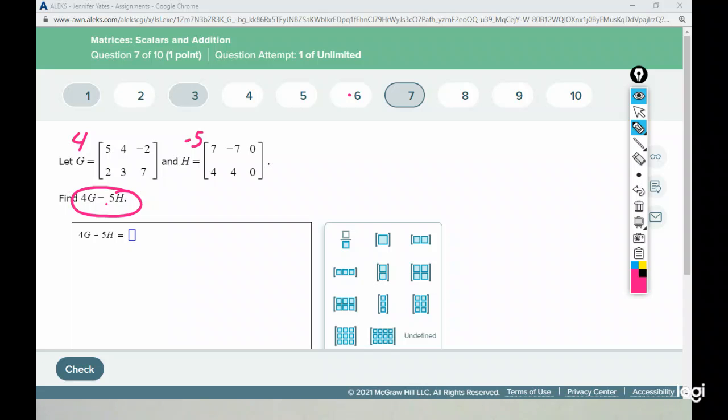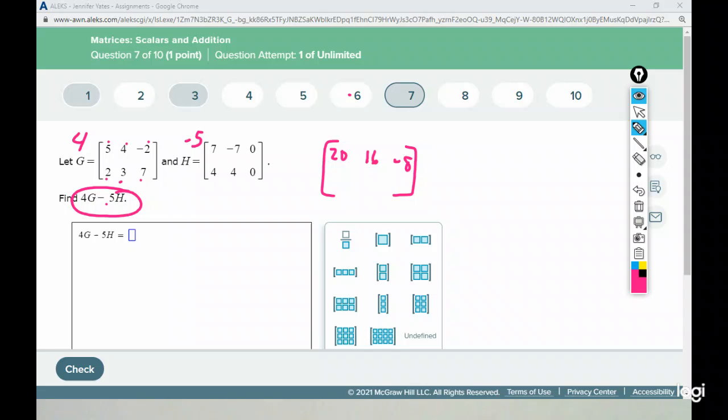Who's already started working on the problem? A couple of us. Okay, I'm going to do 4 times G. I'll write it right here. So I'm going to do 4 times everything in there. 4 times 5 is 20. 4 times 4 is 16. 4 times -2 is -8.